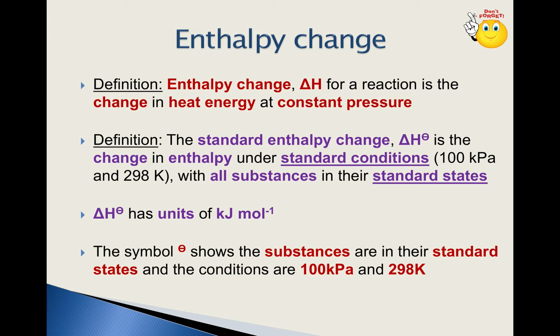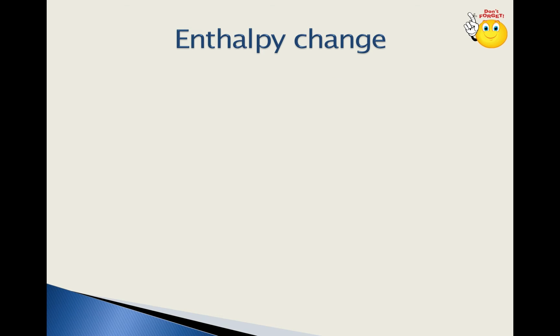So if you've got that symbol, then you know that the conditions they're referring to in the exam question are 100 kilopascals and 298 Kelvin. So make sure you learn these definitions for the exam, write them down, highlight the keywords like I've done, and keep repeating them to yourself until you learn them, because they are likely to come up in the examination. And there's a lot more to learn in the energetics topic.